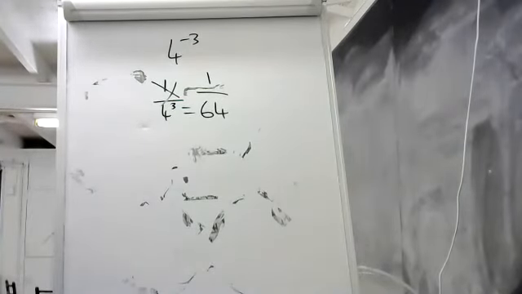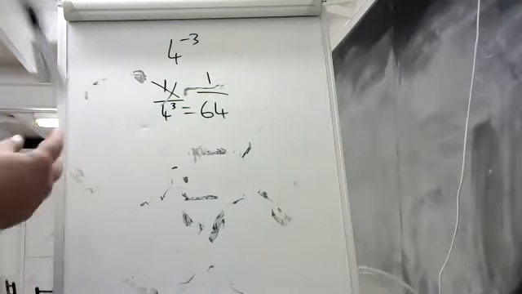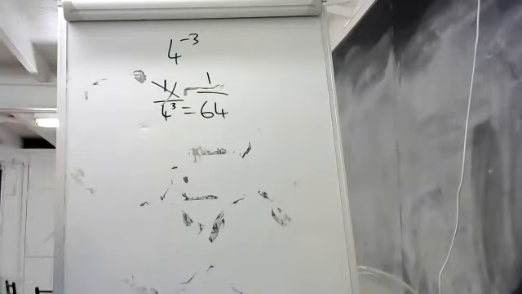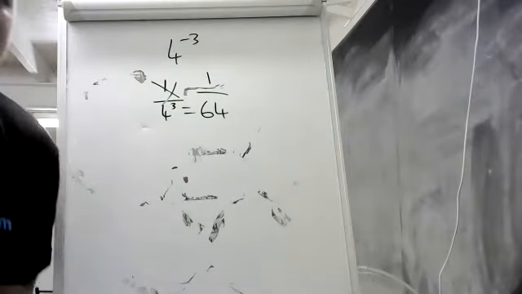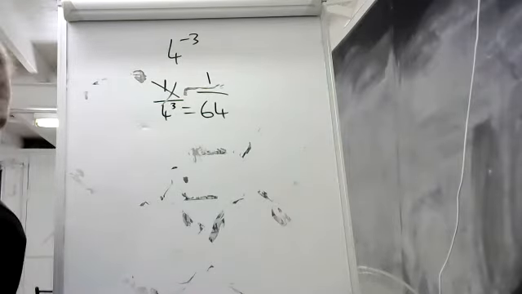If you were going to put that into a surd, Henry, what would it be? 1 over the square root of 8, which then you can simplify down to the square root of 2 times the square root of 4 plus the square root of 4, I think.